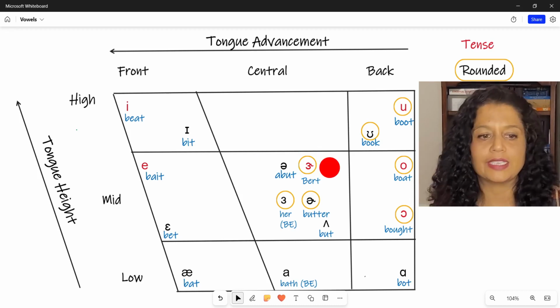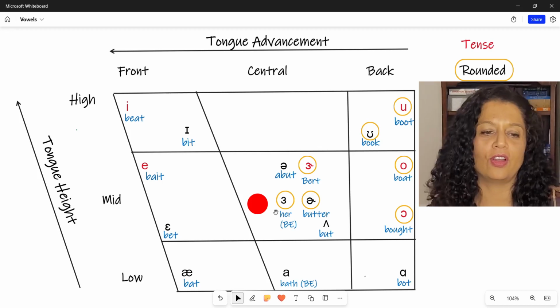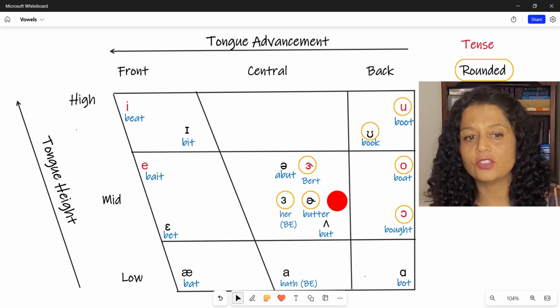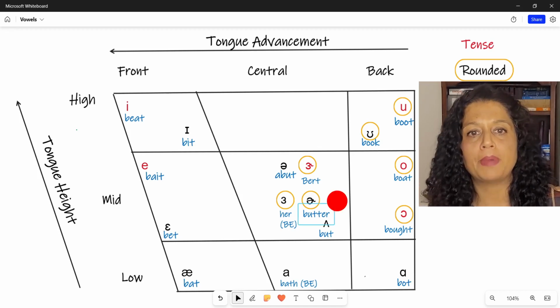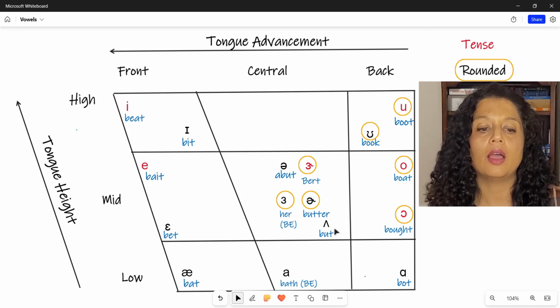Bird, it's a stressed sound. The same sound without the R coloring, not used much in American English. Unstressed sound. Better, that last sound in better.